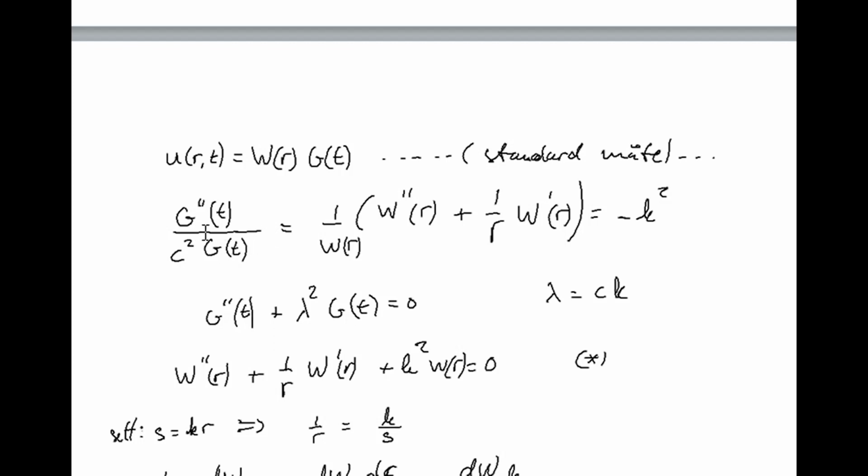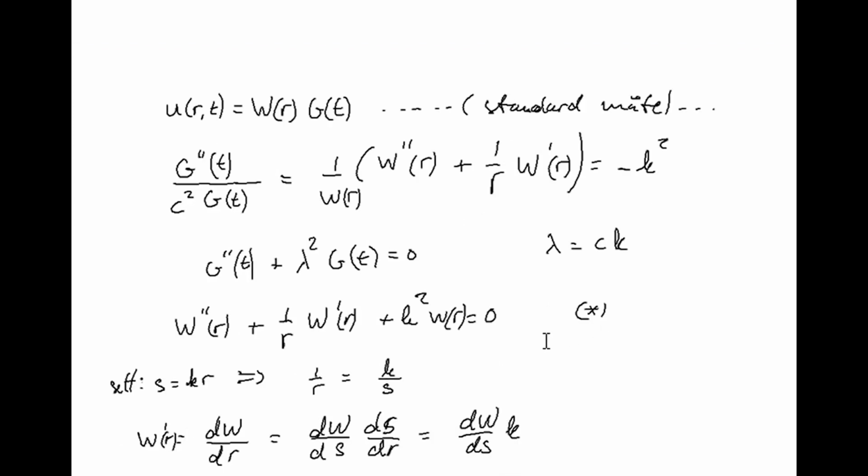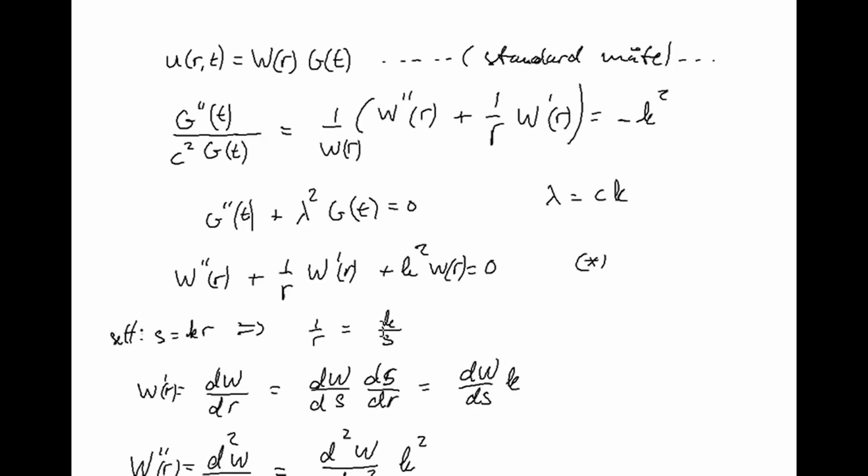This is a standard way of using the method of separation of variables. And in this case we obtain, as usual, two ordinary differential equations, and this k is some constant, and lambda is also a constant. Lambda is equal to c k, where c is the parameter or the constant in the wave equation. This equation is some Bessel type equation, and let's show how this is a Bessel equation.